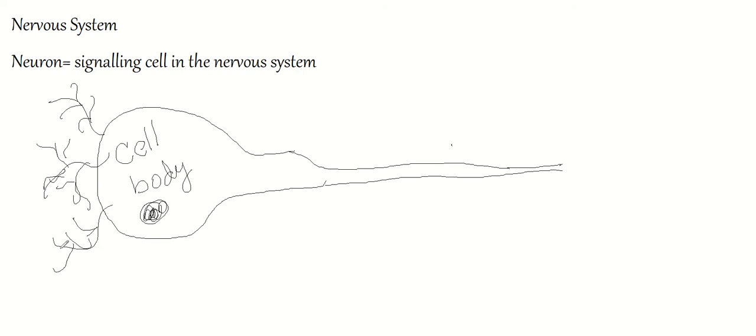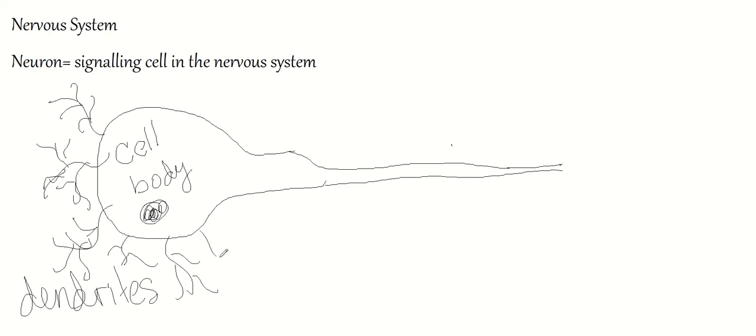And these are called dendrites. And these dendrites are going to receive signals from other cells. They get their name because they're kind of branched like trees. And dendro means tree. So that's where that name comes from.